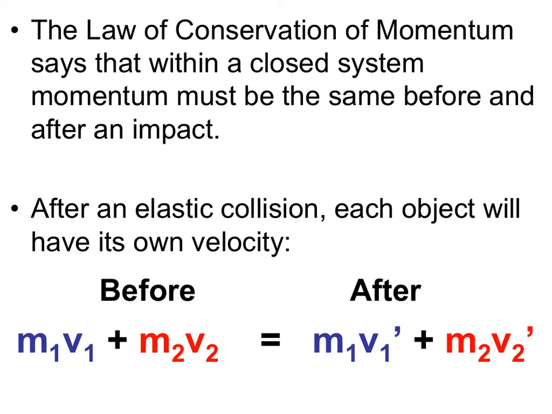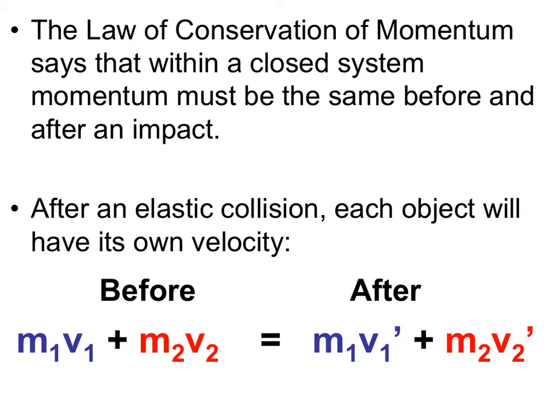That law of conservation of momentum says in a closed system, momentum is the same before and after an impact. And there's a couple of different ways that we can show that in an equation. Basically, whatever the total momentum is before the collision is exactly the same as what the total momentum will be after. So for an elastic collision, each object has its own velocity. Let's say they bounce off of each other. Well, they're each going to be going their own speed.